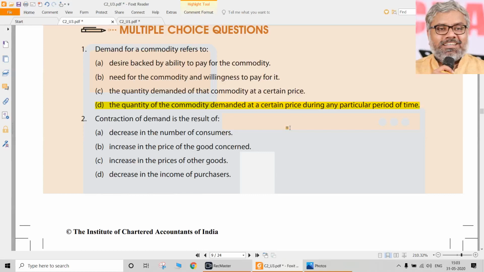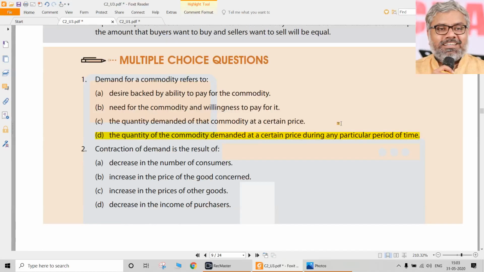At a certain price is not enough. C says up to here at least, but D is more comprehensive. So it says during any particular period of time. Yes. So demand cannot be a generic expression. It has to be an expression of quantity, definitely at a particular price, in a particular period of time, and of course at a particular place also, though it is not given.